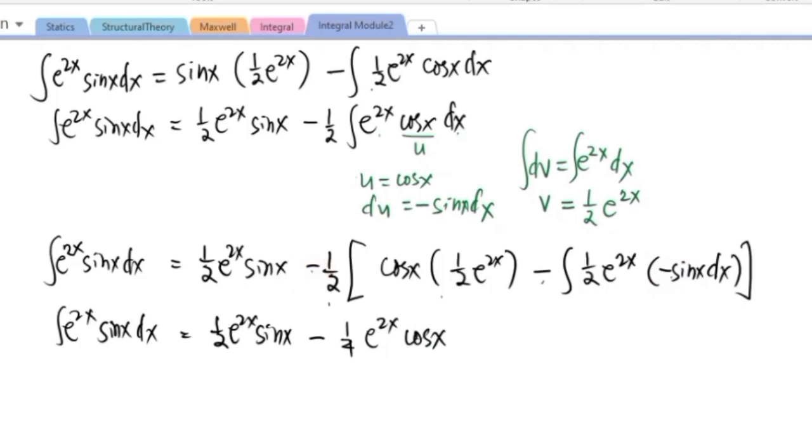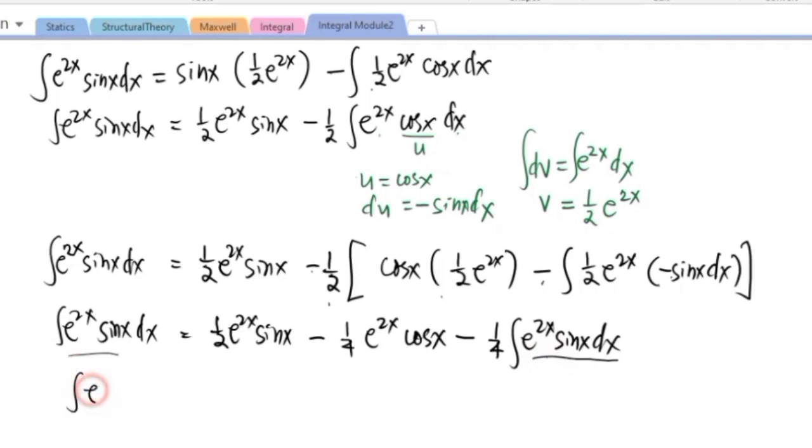It's a negative times negative times negative, so that's negative 1/2 times 1/2, so that's 1/4 integral of e to the 2x sine x dx. So makikita natin dito na again, itong part na to ay kamukha nung nasa left side ng equation. So we will bring this term here doon sa left side ng equation.